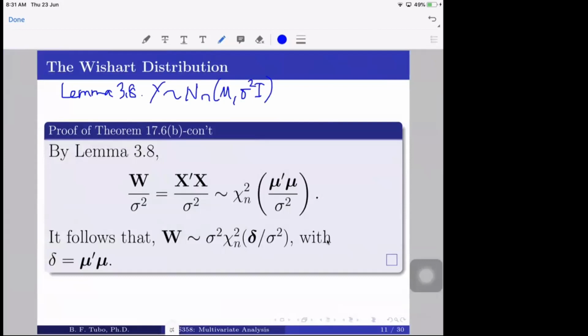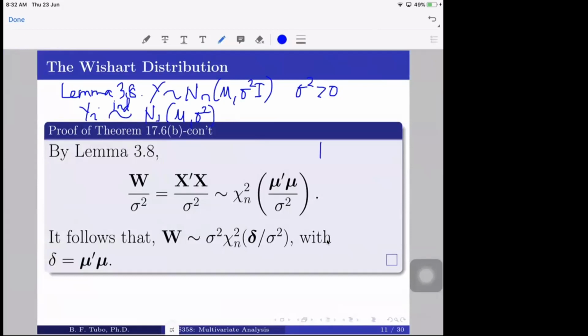And then sigma squared is a scalar. And it tells you that the yi's there are independent and they are normally distributed with mean mu i and variance sigma squared.